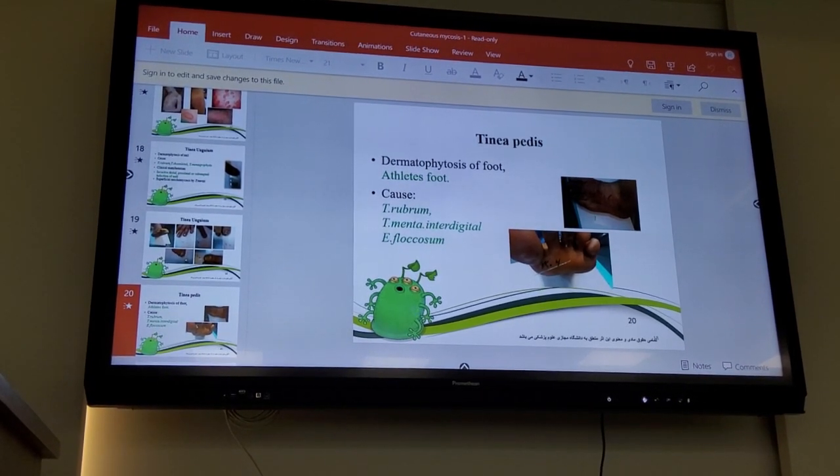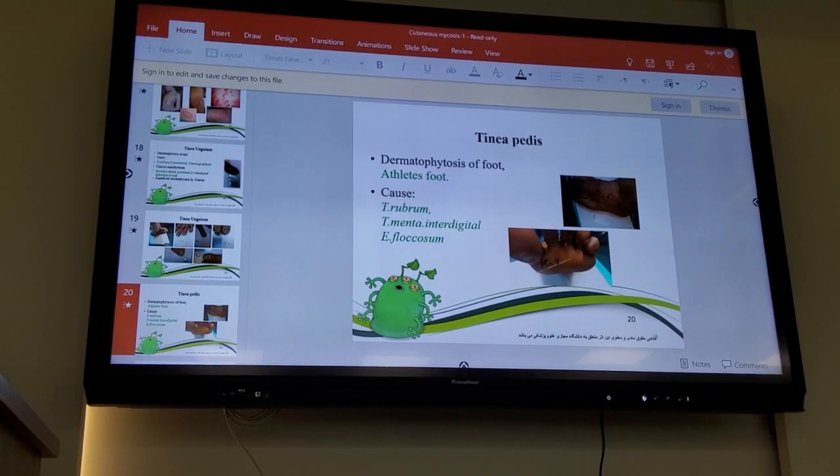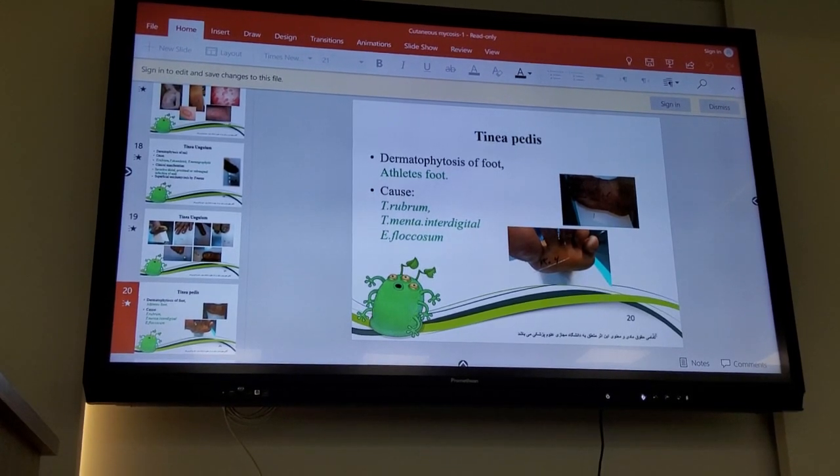If there is the agent, there is a fungus.